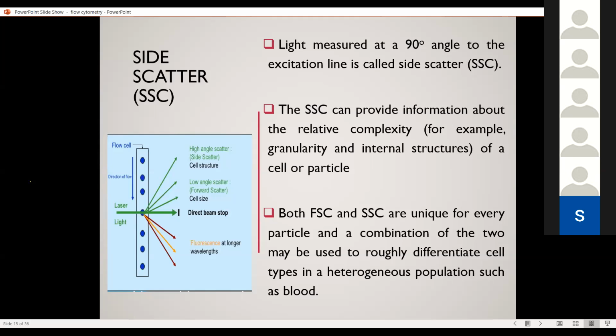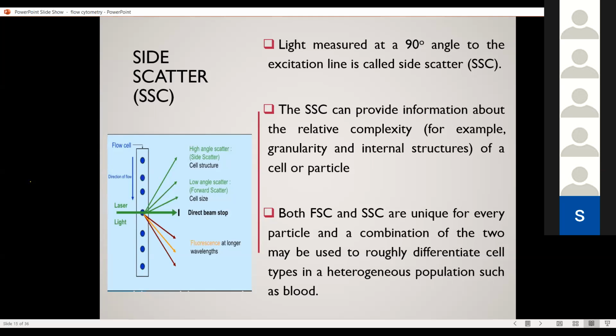If the cells have more granularity, they will scatter more, and if they have less granularity, they will scatter less. So on the basis of both forward scattering and side scattering, we can differentiate cells present in a heterogeneous population.